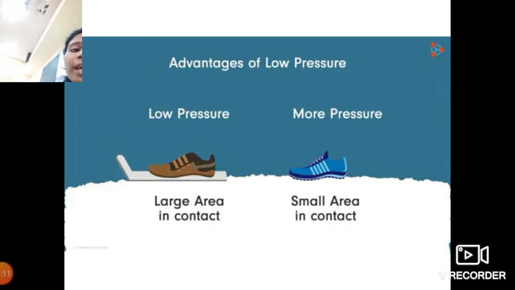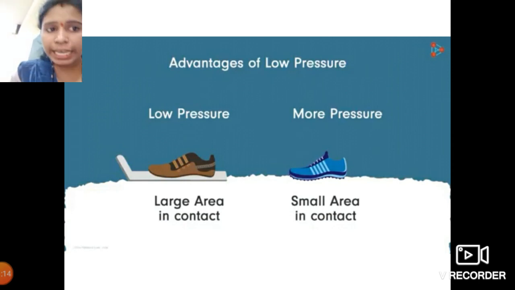So if the area is small, in this case the pressure is more.